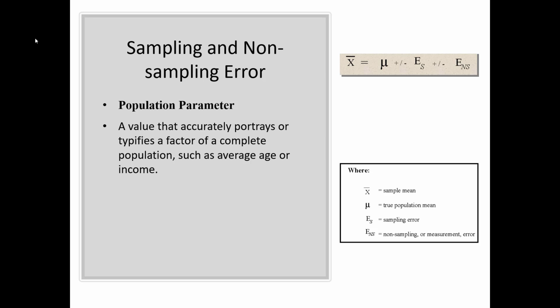In previous lectures we talked about sampling error. It comes from the sampling process, which has a built-in error, and the bigger the sample size, the smaller the error.